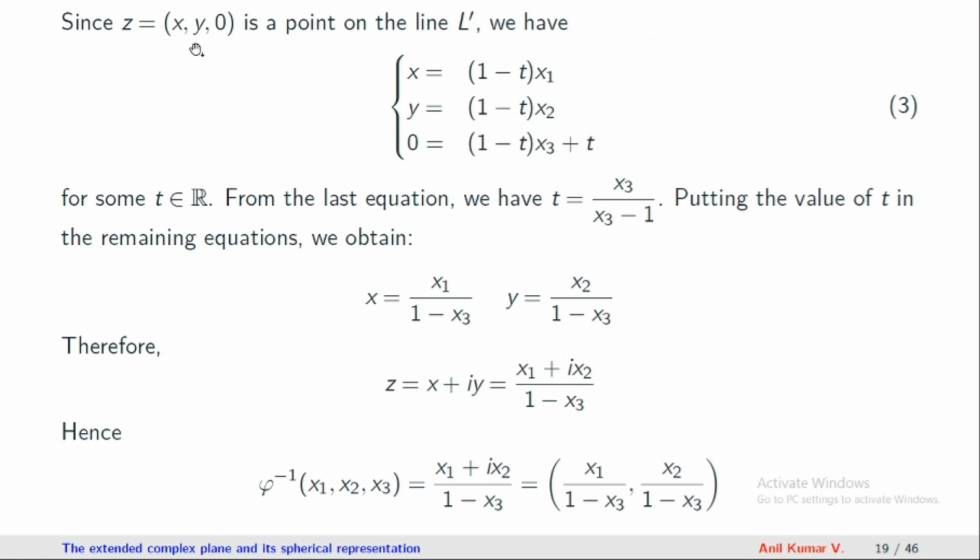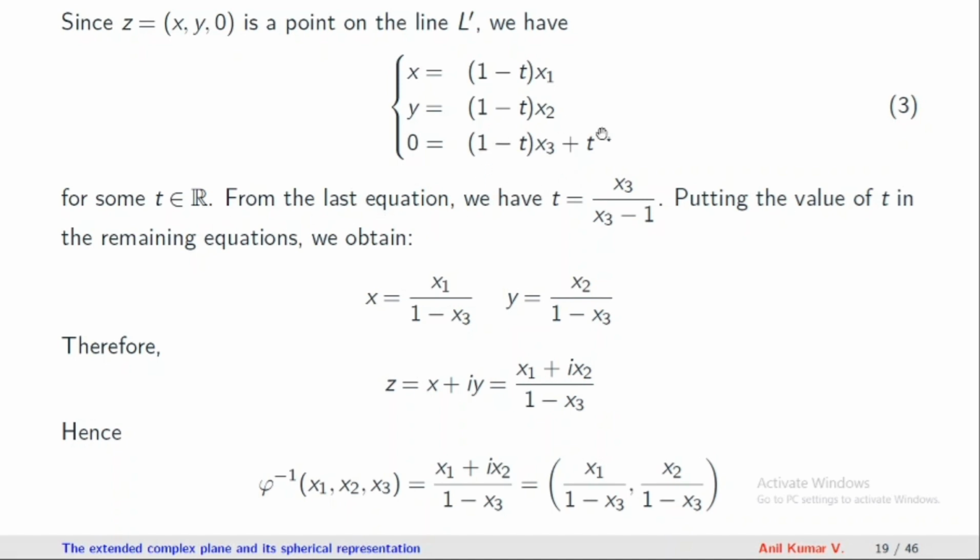That is, since z equal to (x, y, 0) is a point on the line L prime, we have x is equal to (1 minus t) into x1, y is equal to (1 minus t) into x2, and 0 is equal to (1 minus t) into x3 plus t for some t in R.